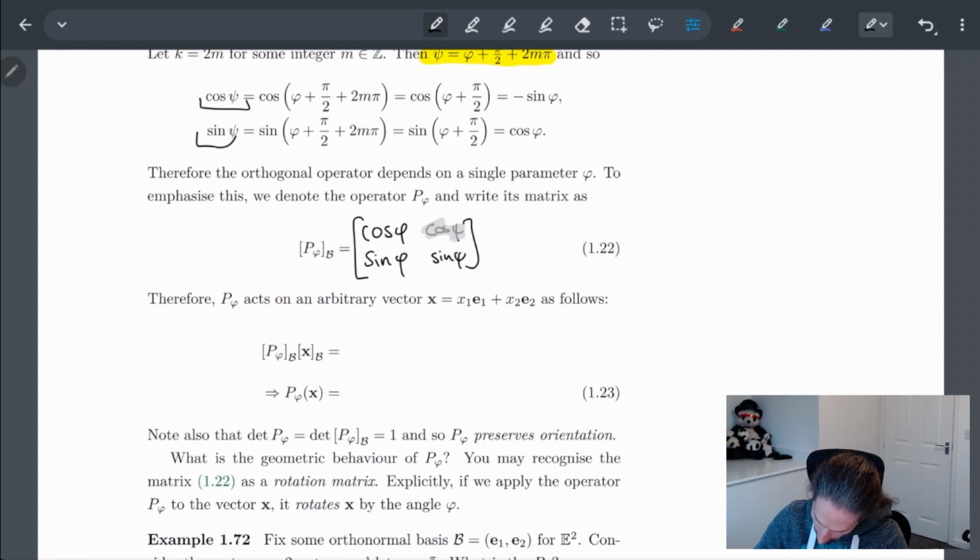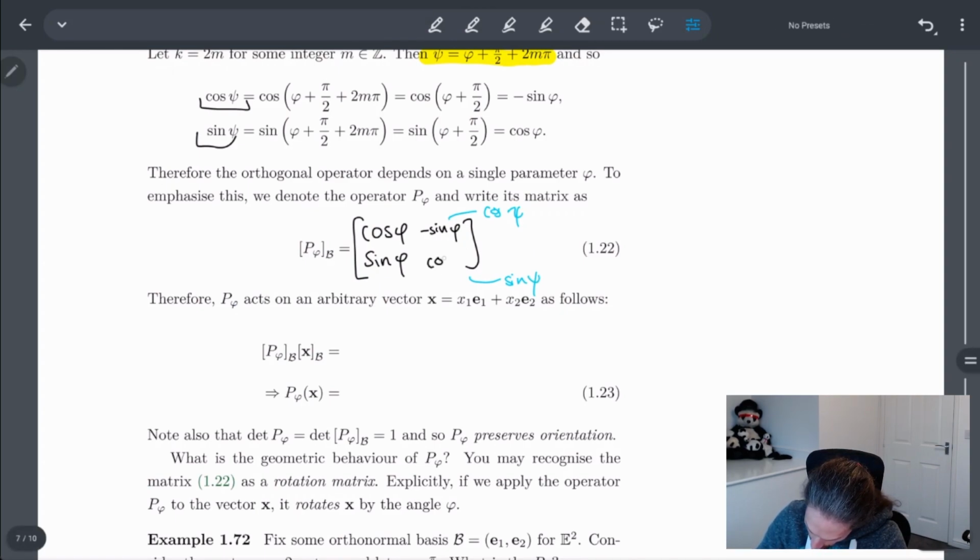Cosine of psi is just equal to minus sine of phi. And sine of psi, from above, is cosine of phi. So in other words, we just have one variable, phi. And this is when k is equal to 2m.